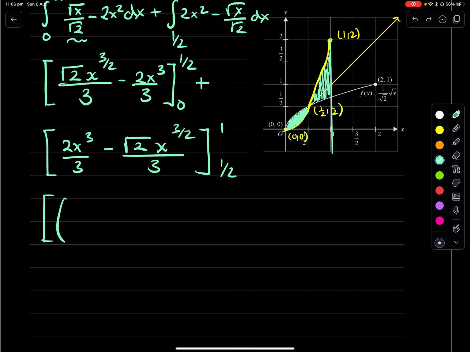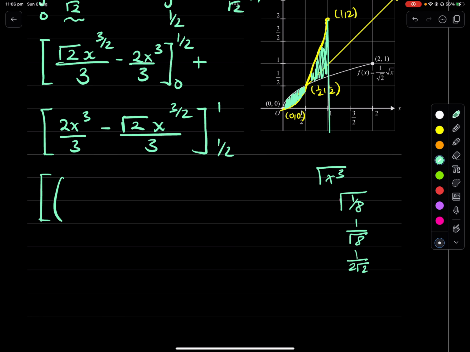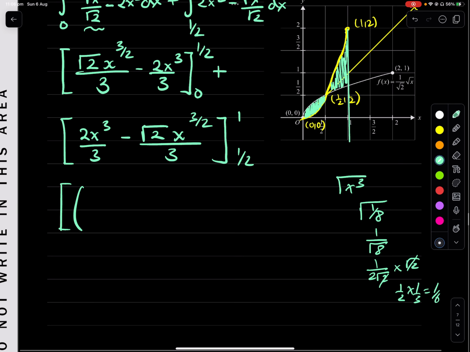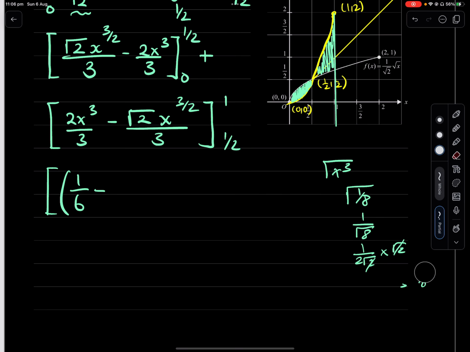That x to the 3 over 2 can be simplified to root x times x cubed. So the square root of 1 over 8 is the square root of 1 over 2 root 2. This is being multiplied by root 2, these cancel out, so it'll be half. Half divided by 3 is 1 on 6. So this first value will be 1 over 6.